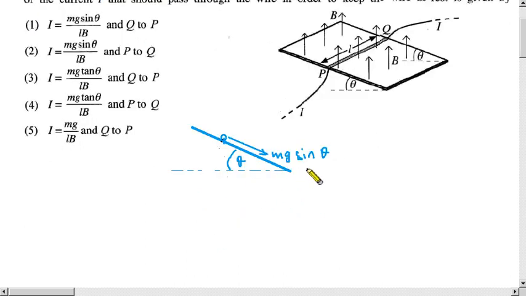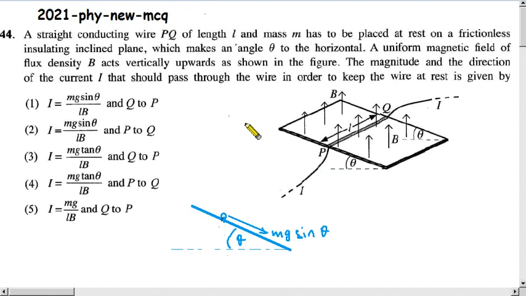Normally, due to the component of this gravitational force, this wire can't stay here stationary at rest, it slides down like this. So to stop that, not to move down, we are going to use this magnetic field.